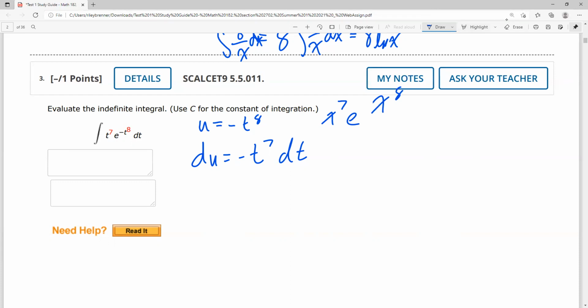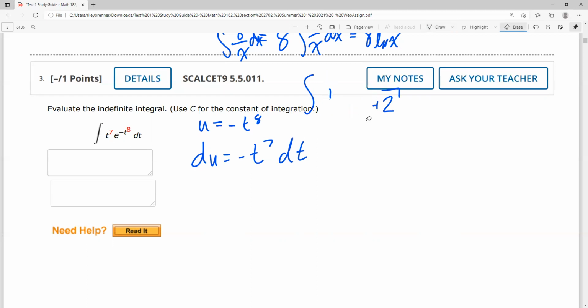Real quick, if I had x to the, let's say, 12 plus 2, and I had x to the 11th, the integral, this should immediately tell you u sub, right? Because I see a power inside a function, but I see one less of it outside. That's u sub in my head, right? So that's just an example real quick.